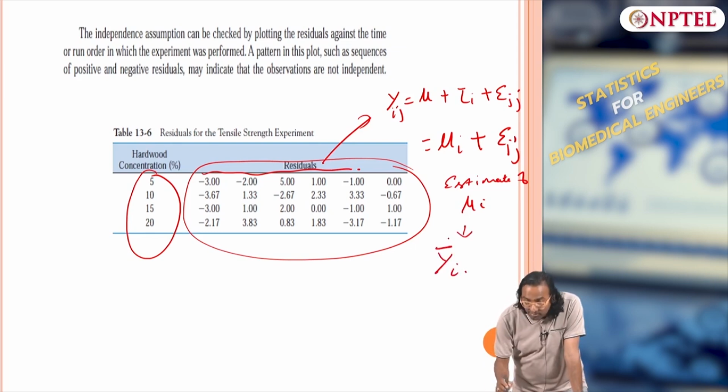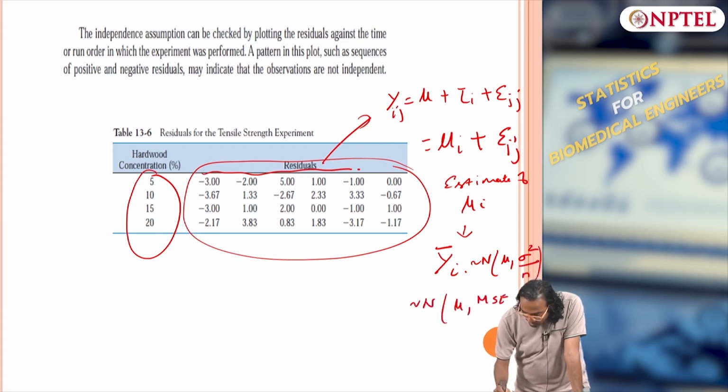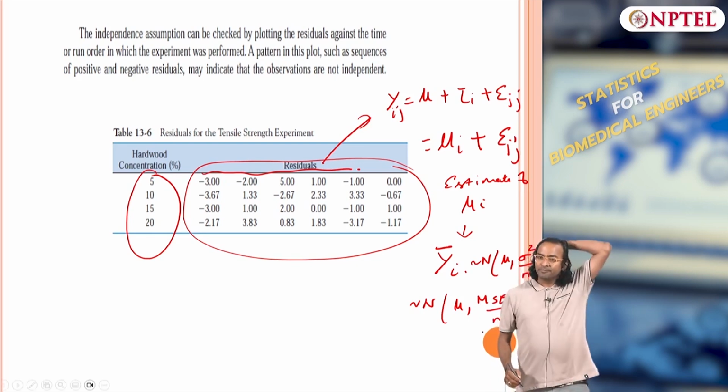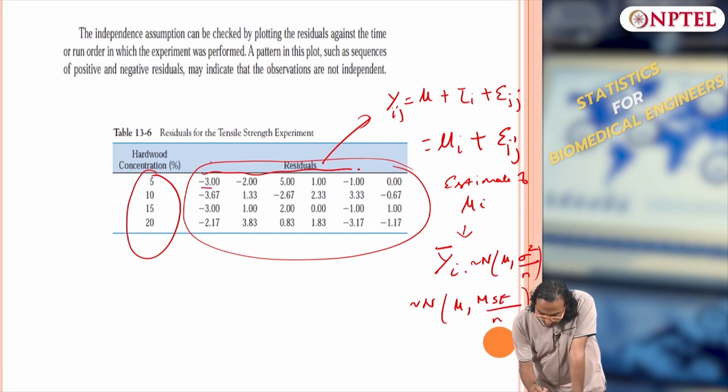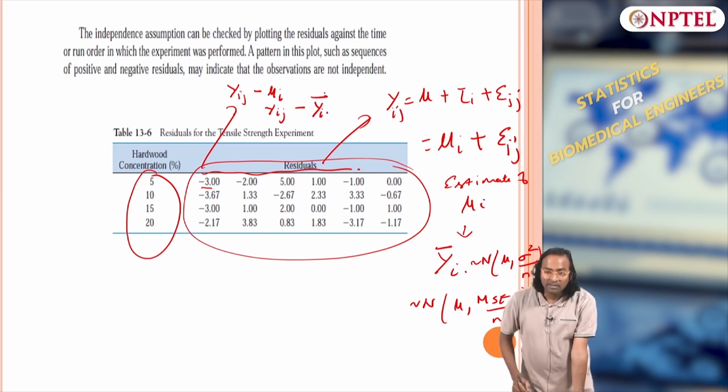Yi dot bar. And what did we assume? We assumed this is normal, mu comma sigma squared over n, which is normal, mu comma MSE over n. Yes or no? This is what we assumed. So now what is this? This should be Yij minus mu i, which is nothing but Yij minus Yi dot bar.